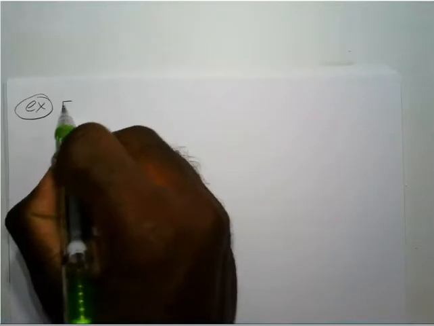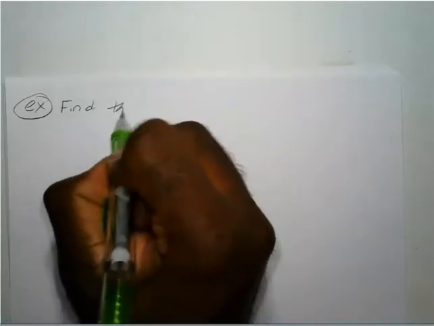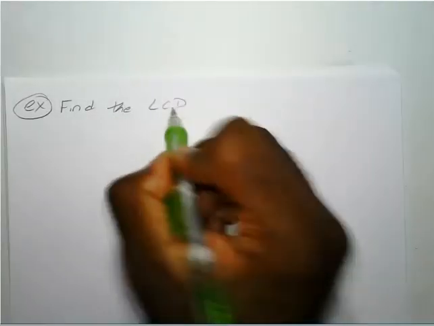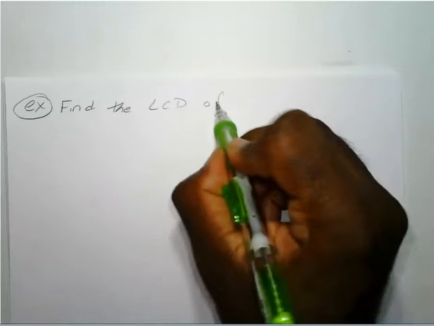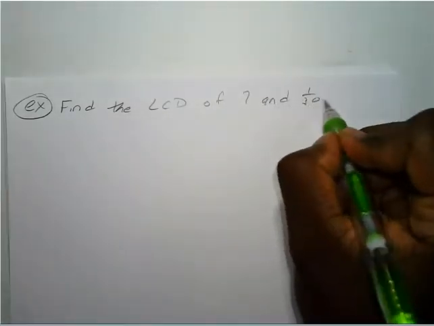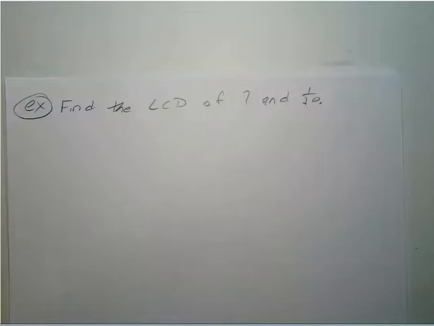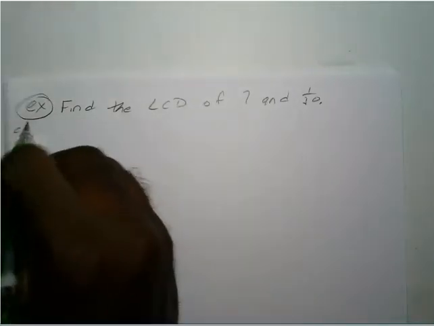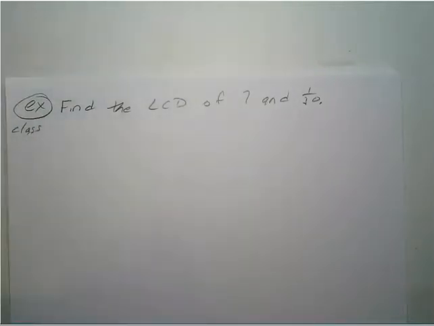Okay, so what if we wanted to find the least common denominator of 7 and 1 over 30? All right, so I want you to go ahead and press pause and try this one on your own.